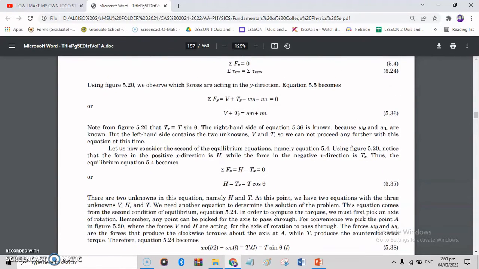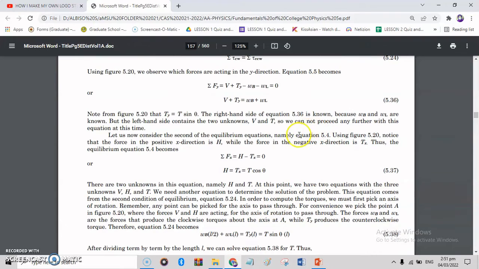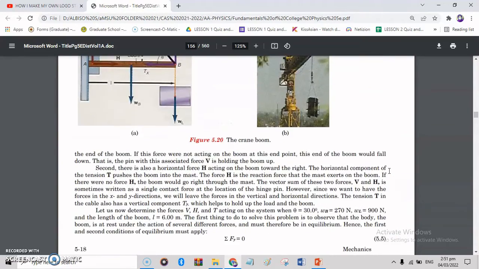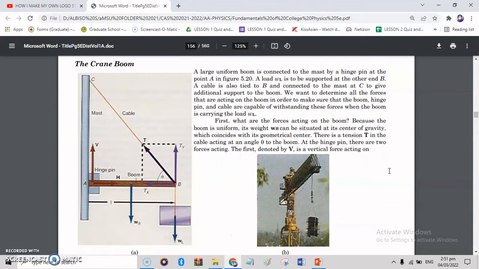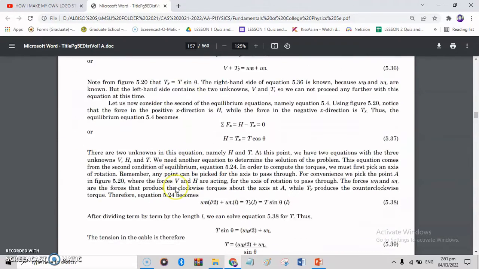Now, you have two equations for these two unknowns: equation 5.36 and equation 5.37. In the problem, we are given the weight of the hinge. Let's just proceed.